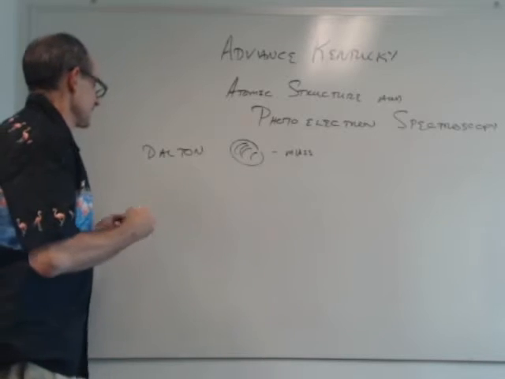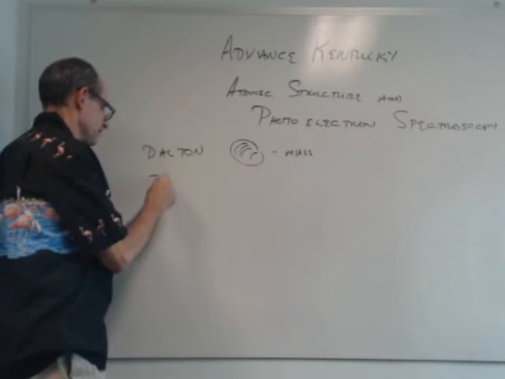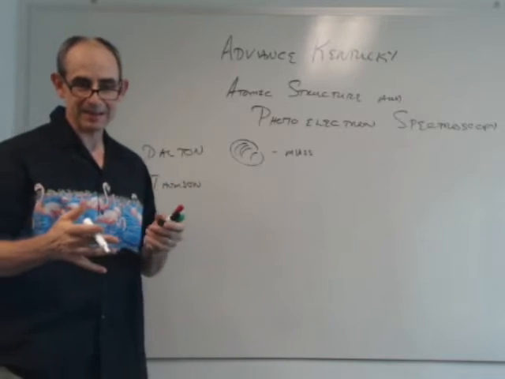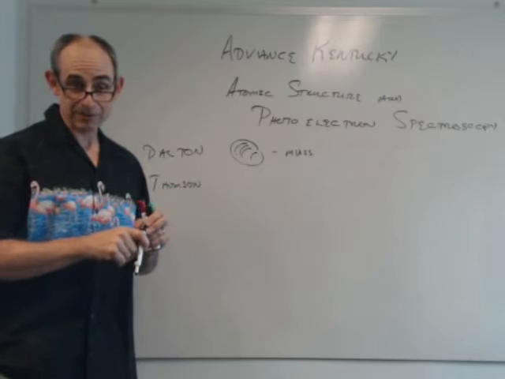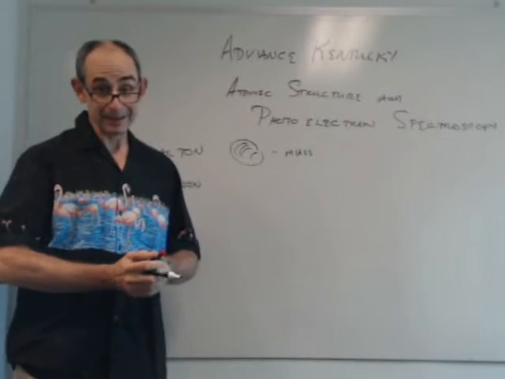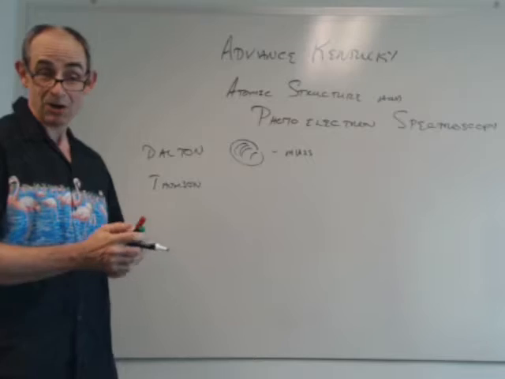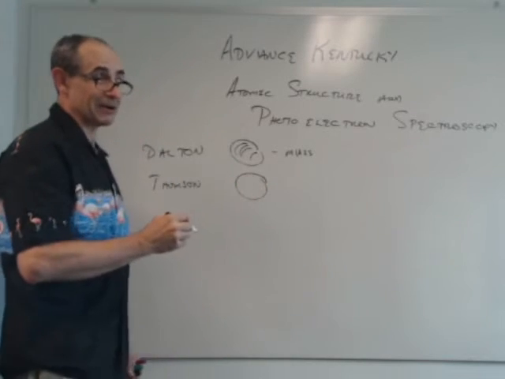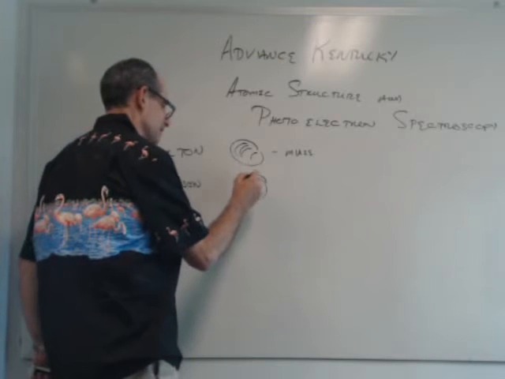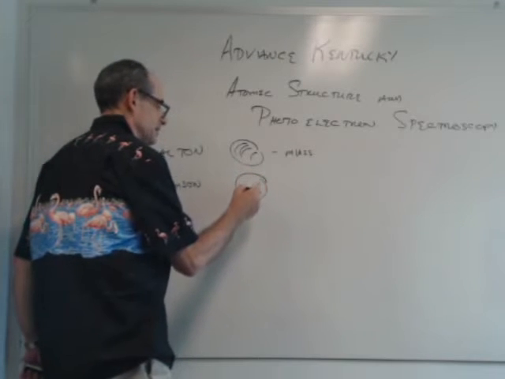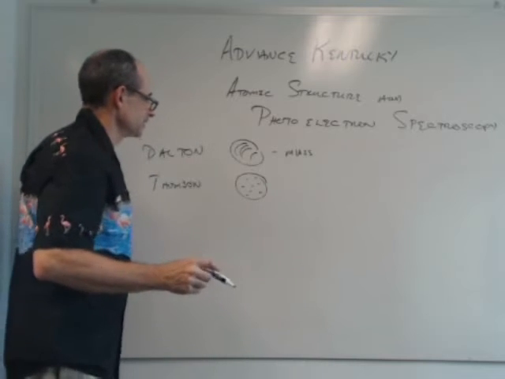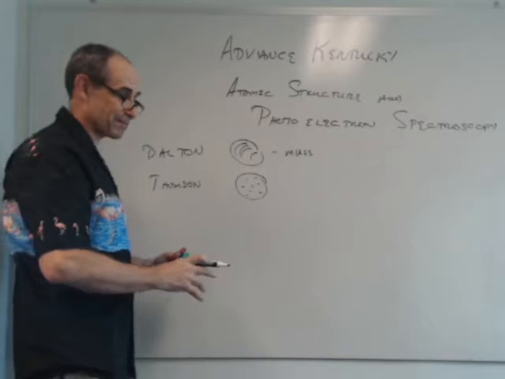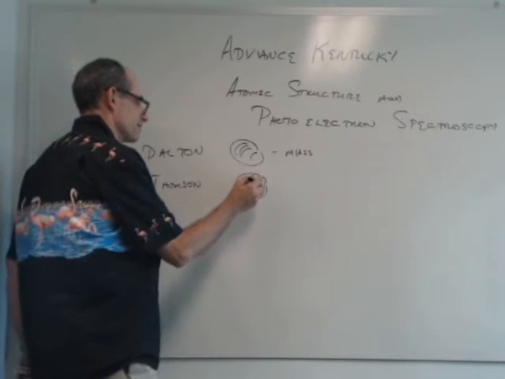In the late 1890s, Thomson, with the cathode ray tube experiment, found that there were in fact subatomic particles. He called them corpuscles. We call them electrons, and they were present in all matter. He came up with the plum pudding model, or if you're an American, more of a chocolate chip cookie dough model, where these electrons were negatively charged particles, bits in a jelly or dough that was positively charged, so that the entire atom would be neutral.